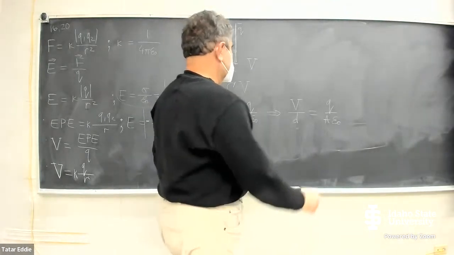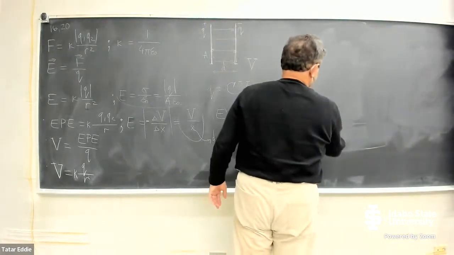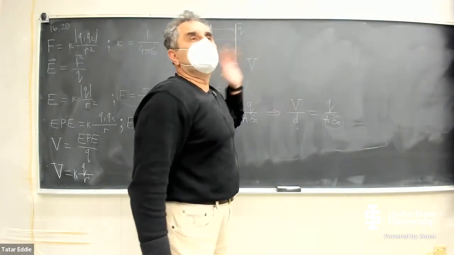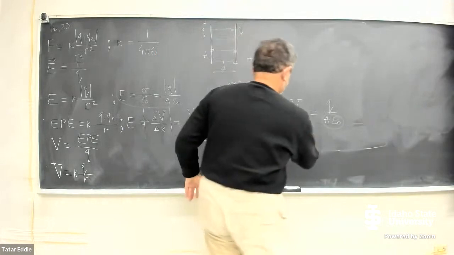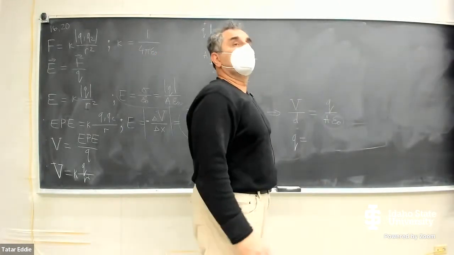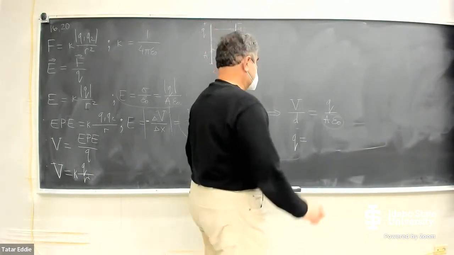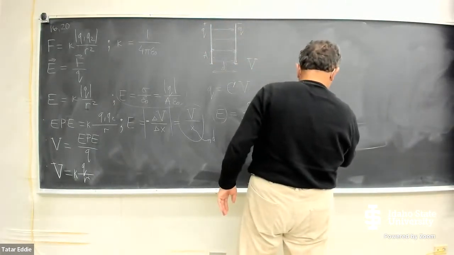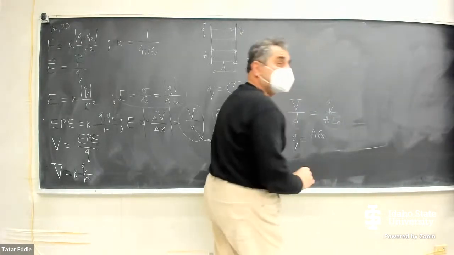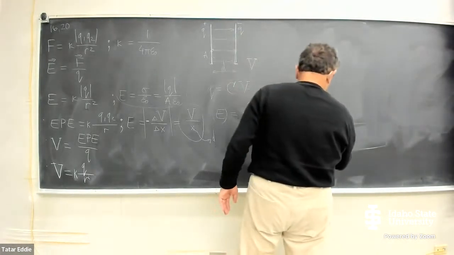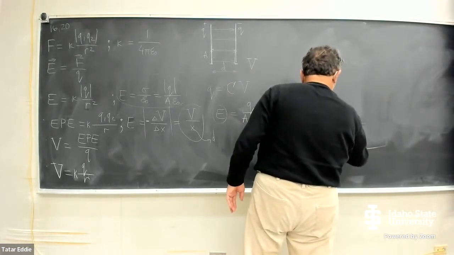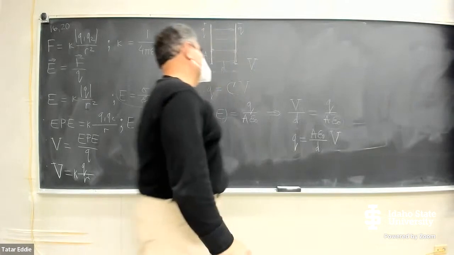And finally, take this from the denominator to the other side, and you're going to get an expression that looks like this. Charge on the plates is equal to area of the plates times electric permittivity of vacuum divided by the distance between the plates and multiplied by the voltage between the plates.